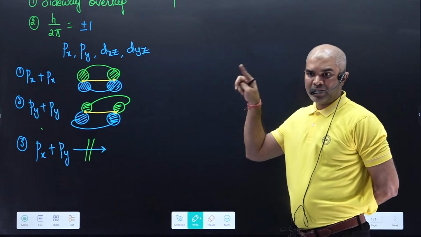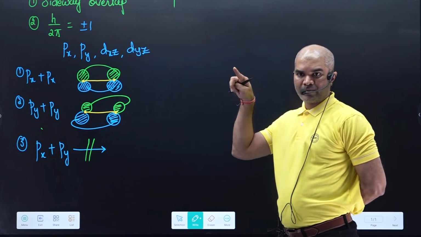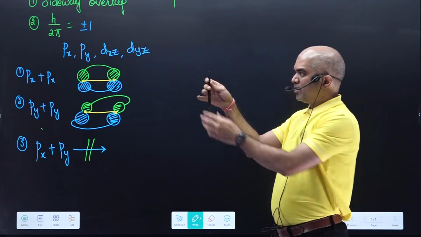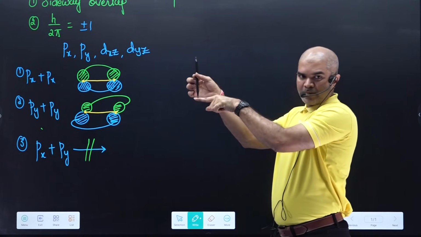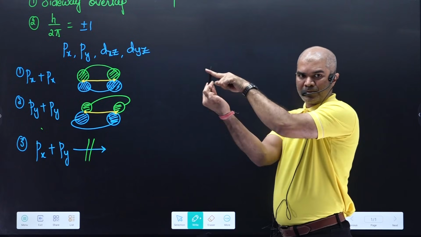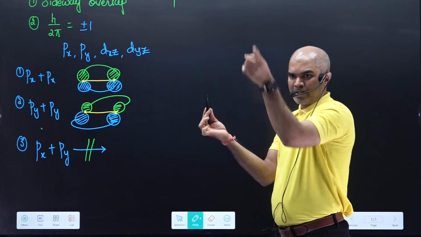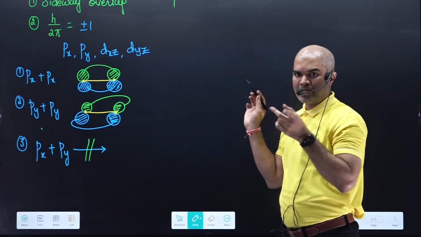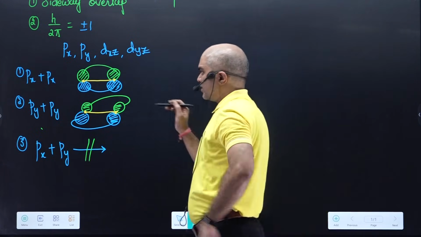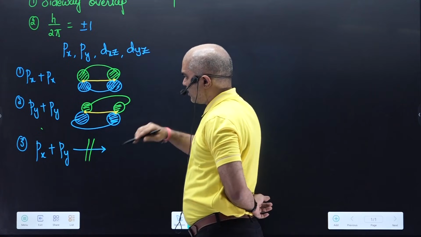How many times is there a change of sign? One time there is a change of sign, because if this is plus and minus, at 180 degrees plus is coming below. It means once there is a change of sign. So that is a pi bond. Remember, okay? Once there is a change. For sigma, no change.